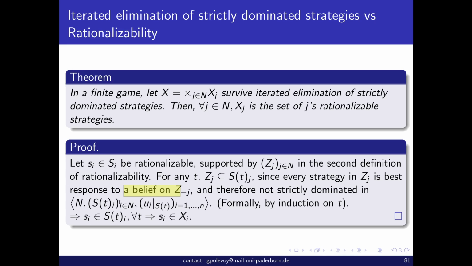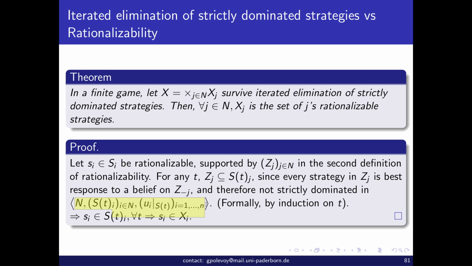It's not strictly dominated in this game, stage T. Therefore, those strategies keep existing in ST plus 1. So we have proved by induction that Zj belongs to STj for any T, and of course for any j.